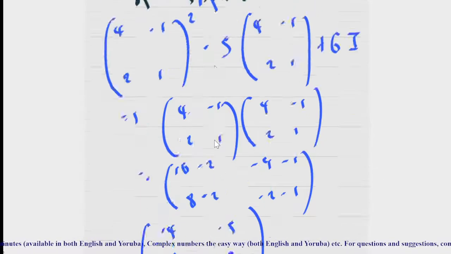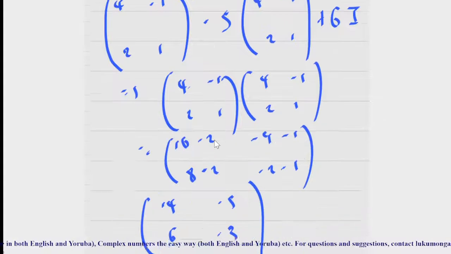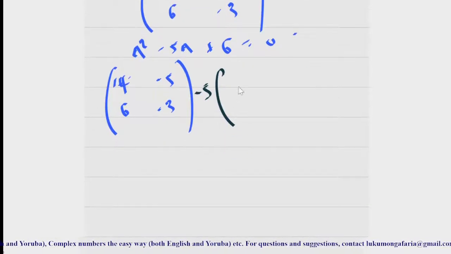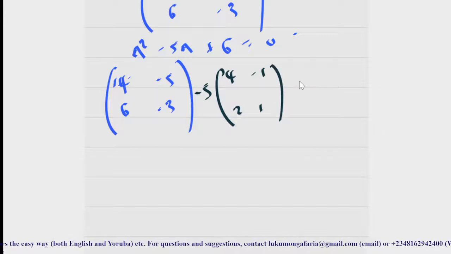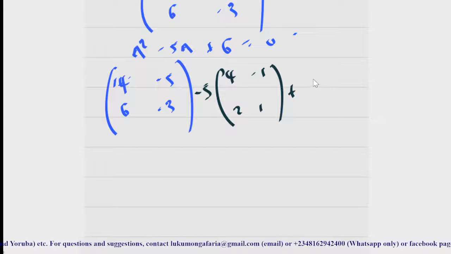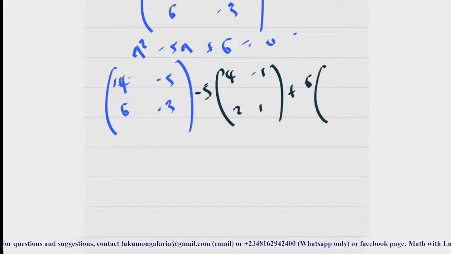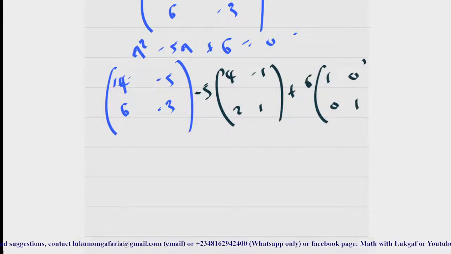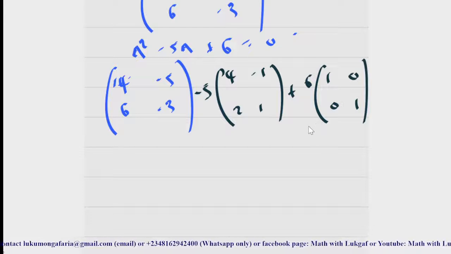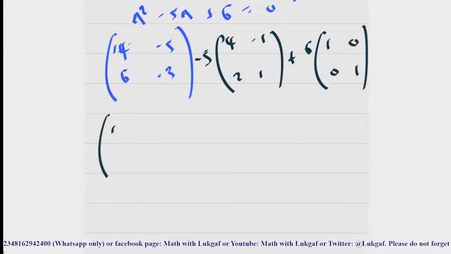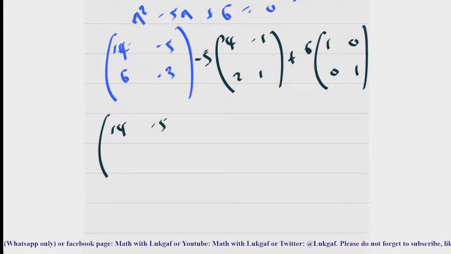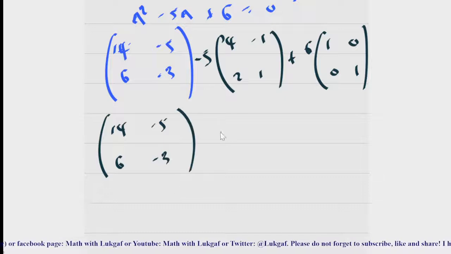Don't forget, 4, minus 1, 2, 1. I hope you understand. Then plus, and don't forget your 6, since it is a scalar, you put your identity matrix. The identity matrix on that 2 by 2 matrix is 1, 0, 0, 1.